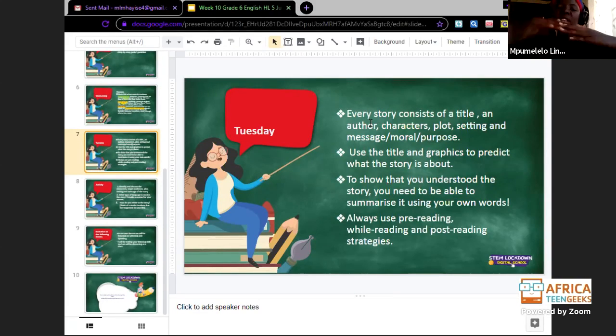So the most important things which happened in the story is your plot. Then your setting, I said when you are looking for setting, you look for a place and time. So you look for when the story happened and where it happened. And lastly, your message or the purpose of the story is what the story has taught you personally or what you have learned from the story.